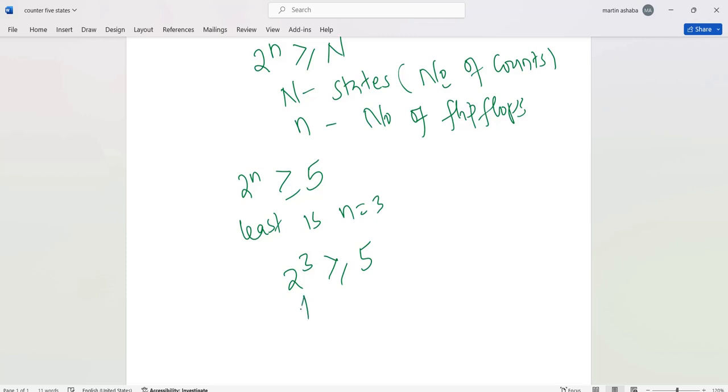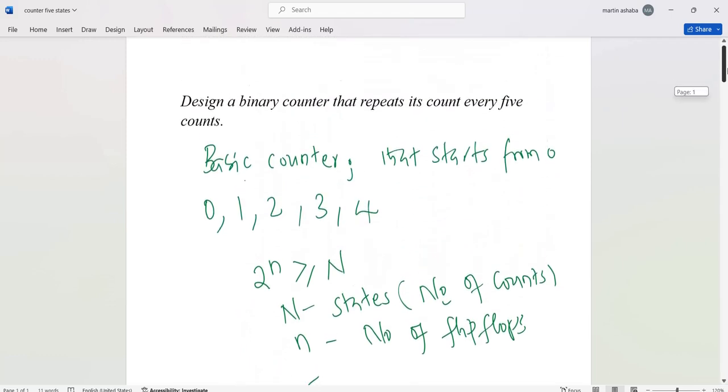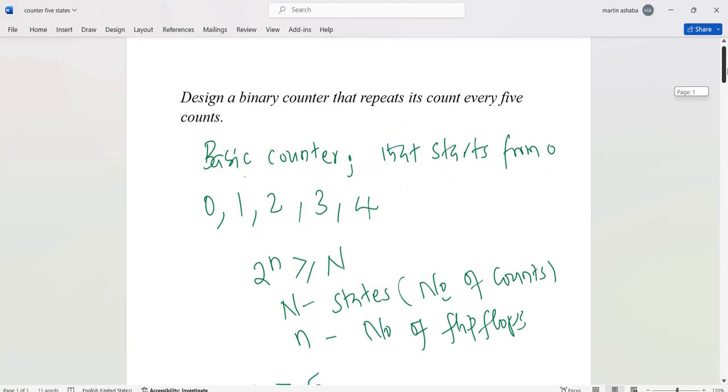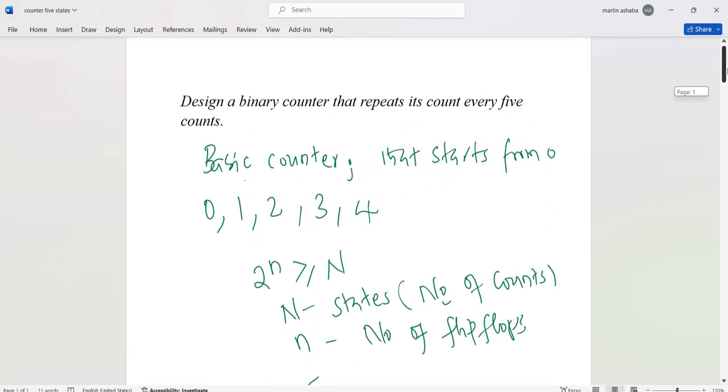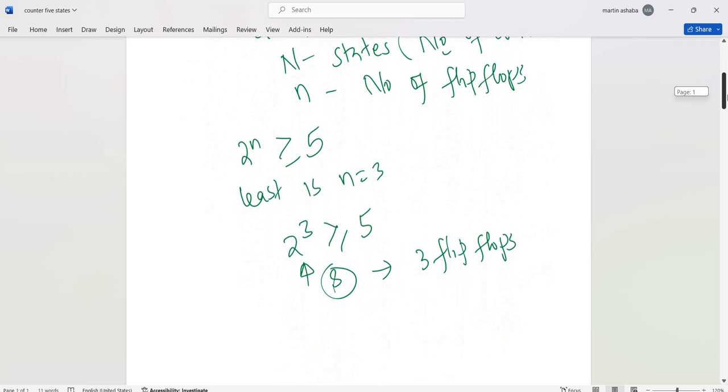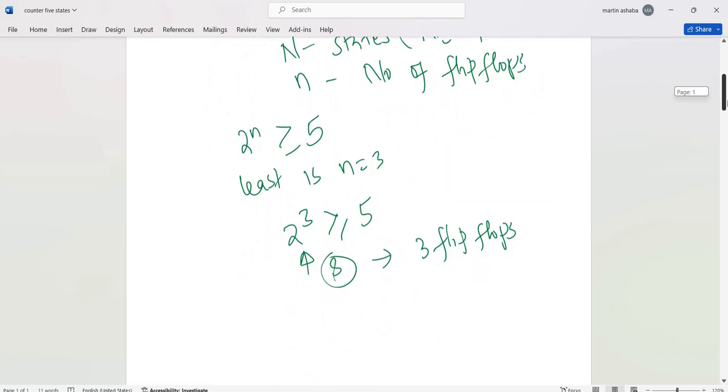So this would mean you have 8. If you have 8, that means we are going to use 3 flip-flops. So in everything we are going to do to achieve this target of a counter that repeats its count every 5 counts, we are going to be looking at 3 flip-flops.